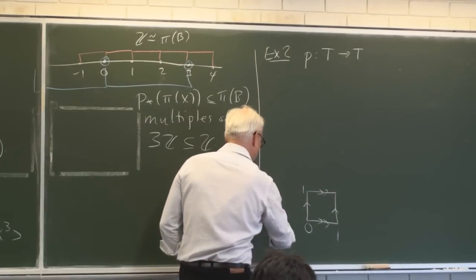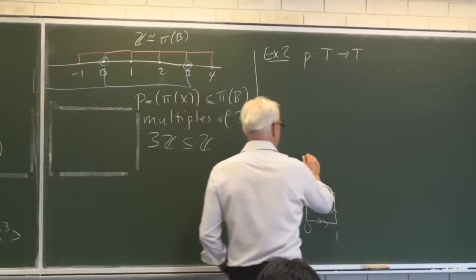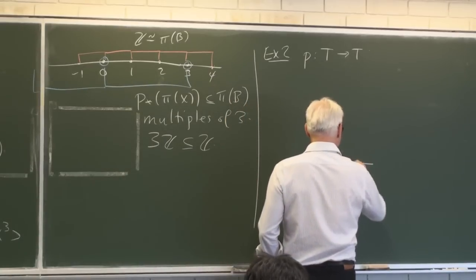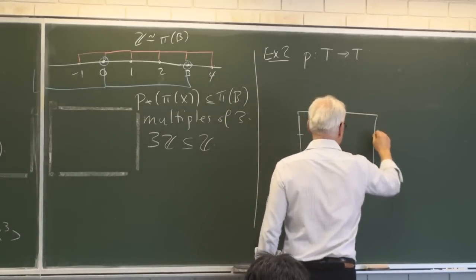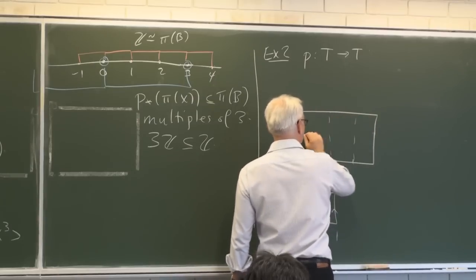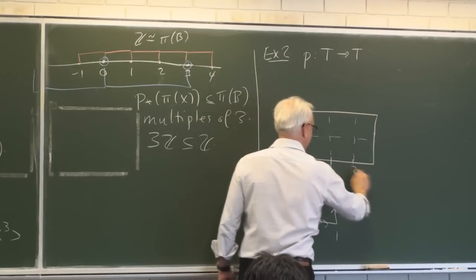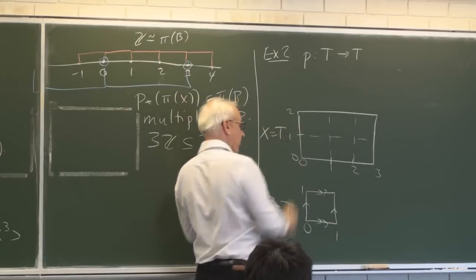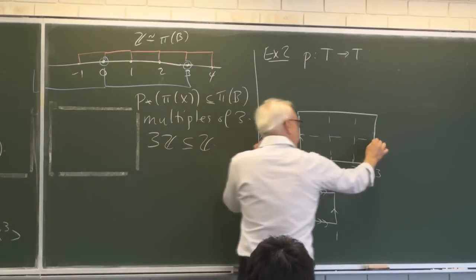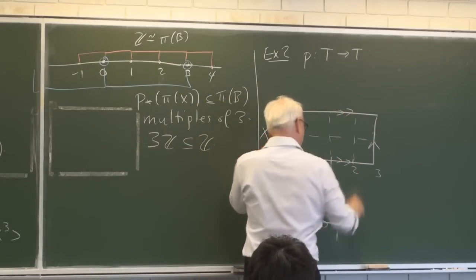So here's our base space B, which is a torus. And then up here, we're going to make a bigger torus, 0, 1, 2, 3, 0, 1, 2. So this is X, which is also a torus, with this side identified with this one, and this one identified with this one.